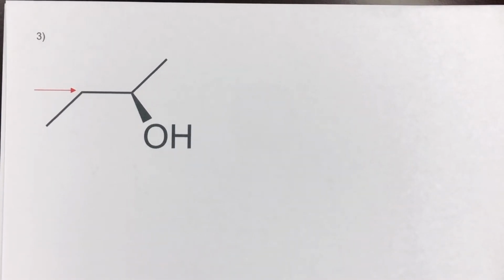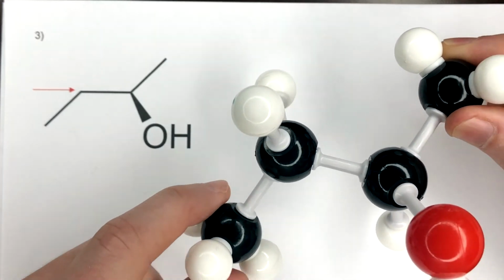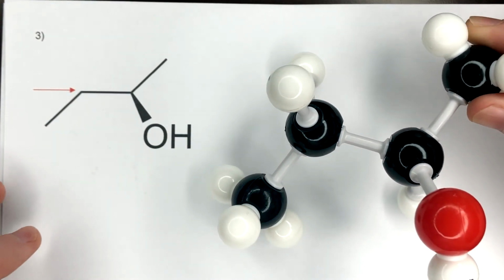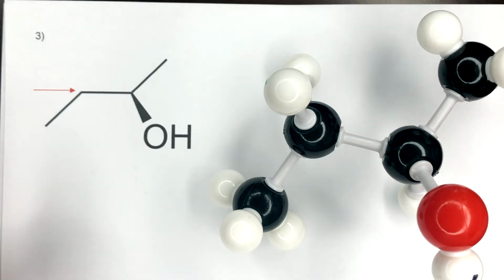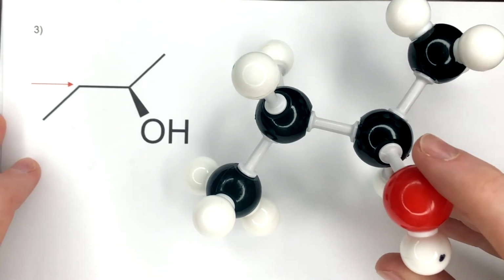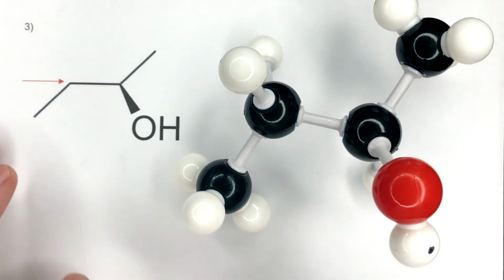All right, so here we have another question. This is very similar to the one we just looked at. It's still a butane, but we added an alcohol. So this would be 2-butanol. And again, I recommend starting with the molecular model until you get very comfortable with this. So this one appears to have our methyls trans to each other, which we do here in our kit.